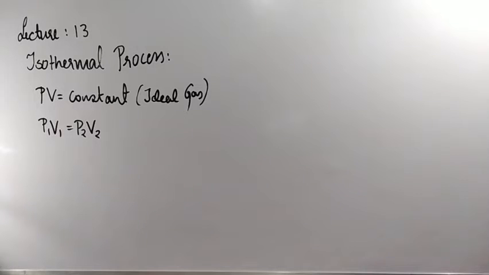So now, P1 V1 equal to P2 V2 means what is the equation of work done in case of isothermal process? Try to recall. I hope you had practiced. In the previous class we had discussed this concept.